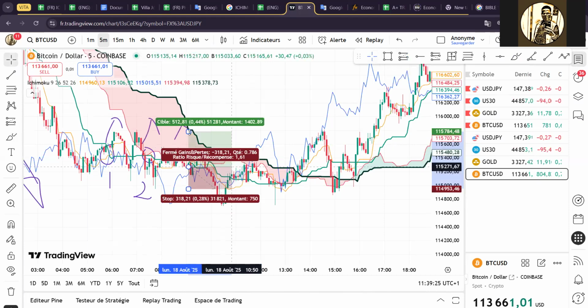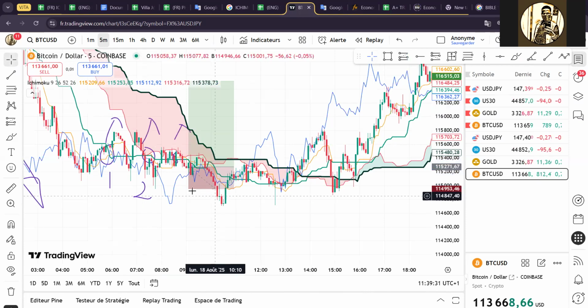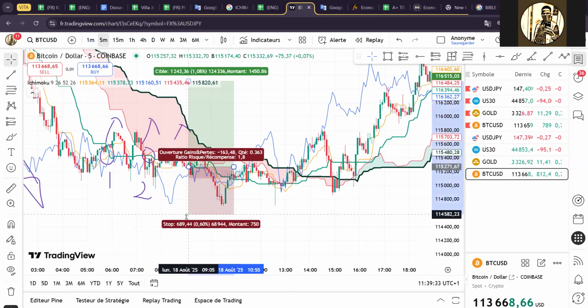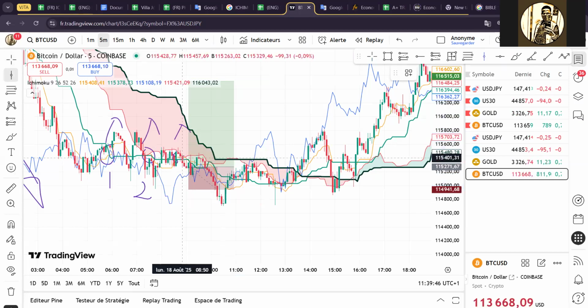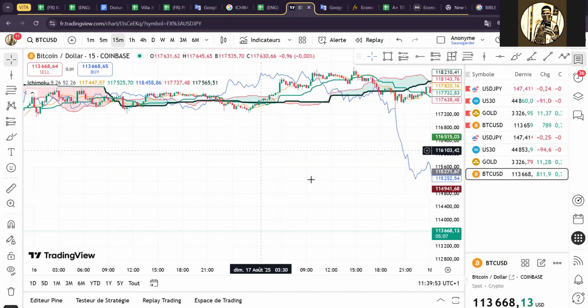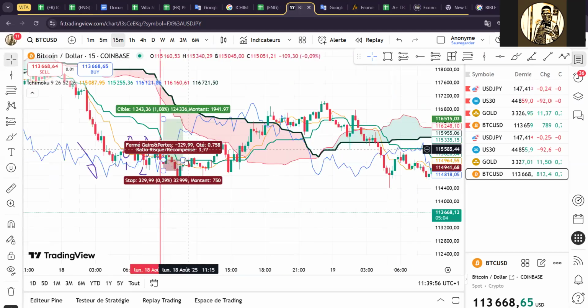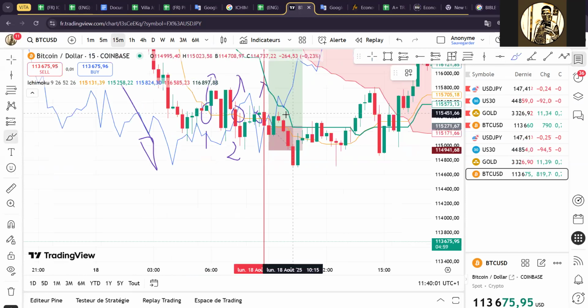But there is one problem doing it this way without giving room for the price: the thing that can get your trade stopped out is that in 15 minutes, for example, at this level, what do we have? Tenkan is still bent to the downside, right? We still have a TK close to the downside like this.